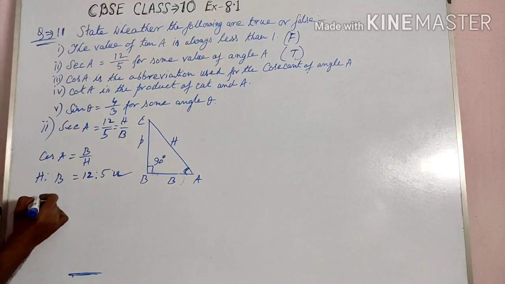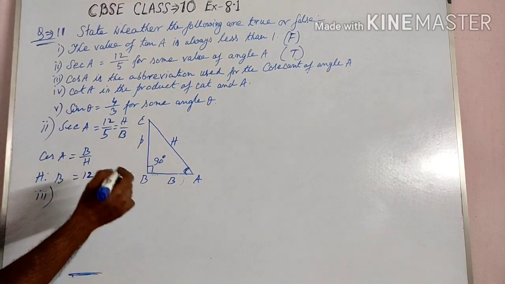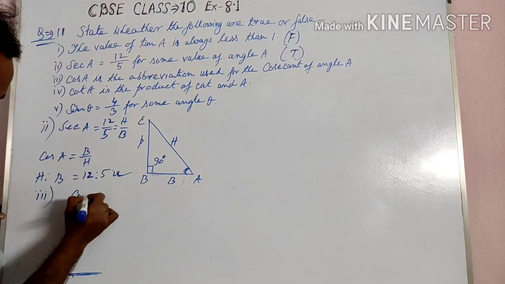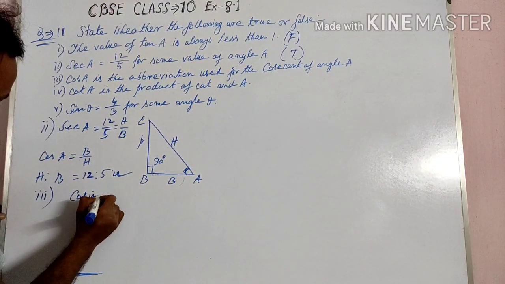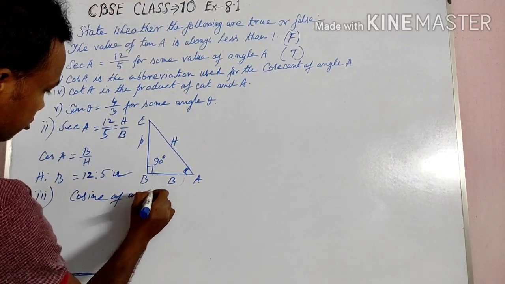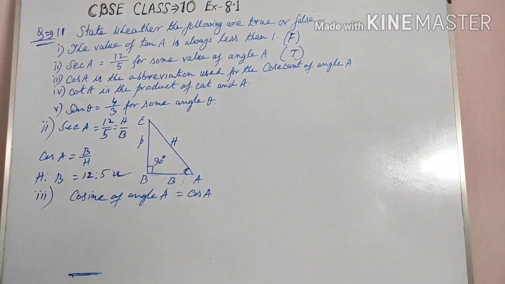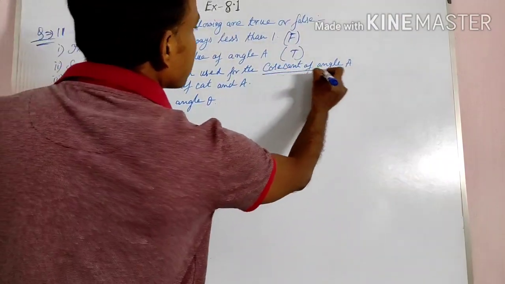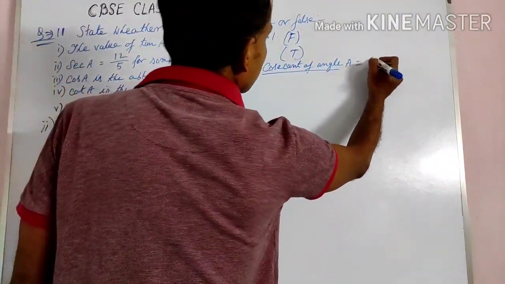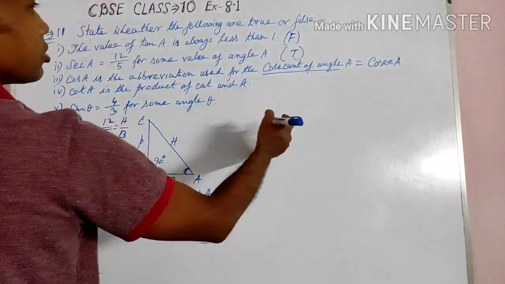And third question, question number 3. Cos A is the abbreviation used for cosine of angle A. Cosine of angle A is equal to cosec A. So this is false.